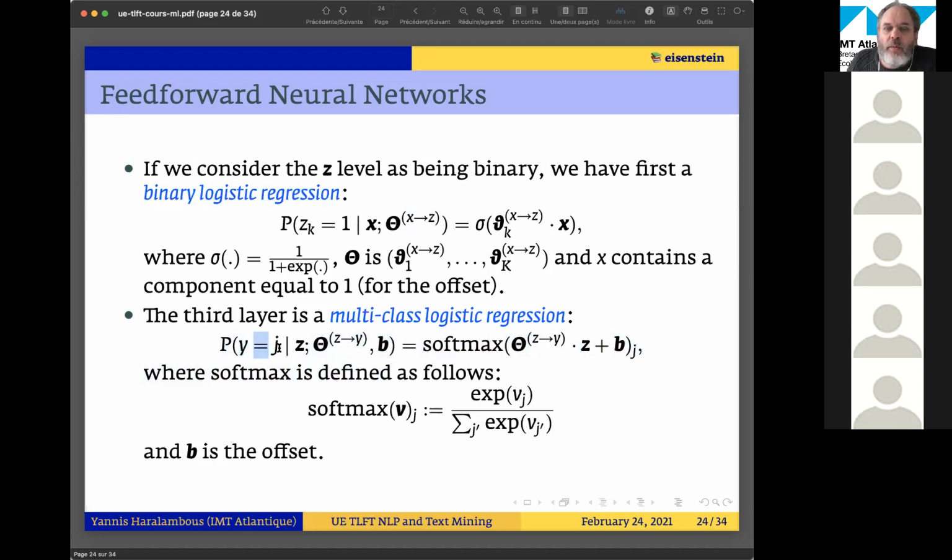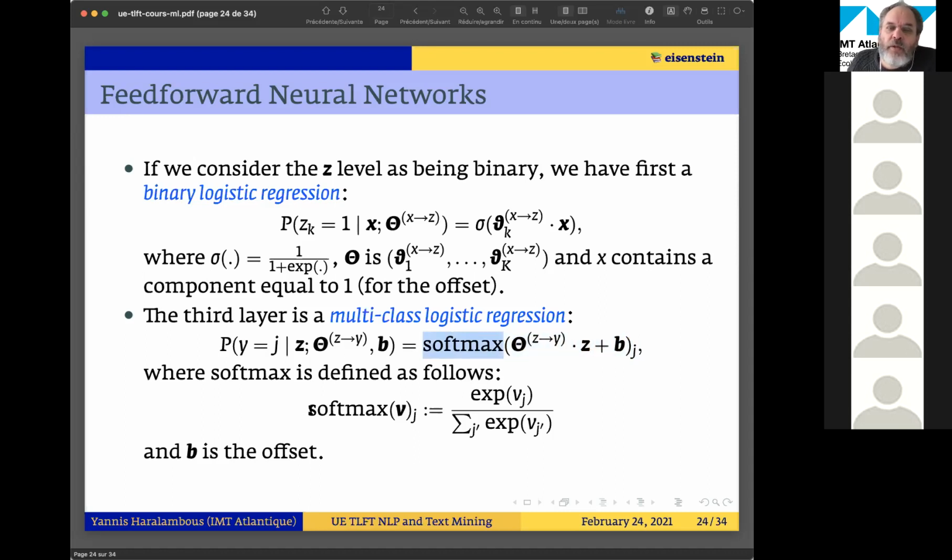Y equals to something, and here I can have more than 2 classes. And the probabilistic model is that for value J of my class, I have the jth component of a vector. Each component of this vector is a softmax.